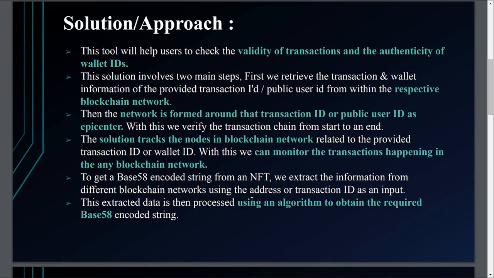We extract the information from different blockchain networks using the address or transaction ID given by the investigator. We extract the data from the respective blockchain and process it by algorithm to obtain the base 58 encoded string. This helps us validate the NFT with the linked wallet ID. We can ensure that the NFT and the wallet ID are not manipulated.